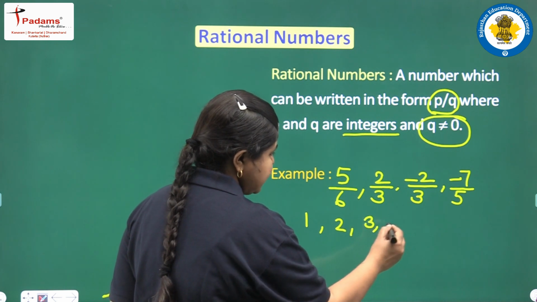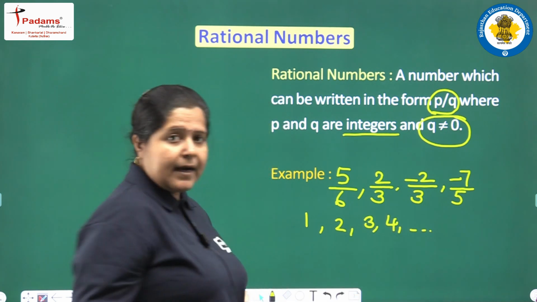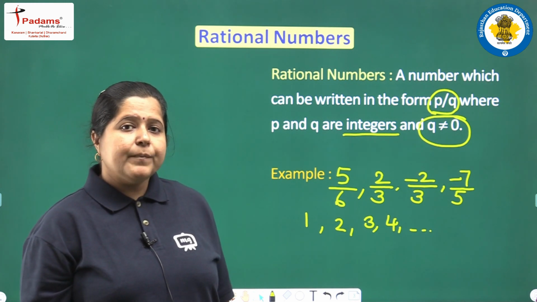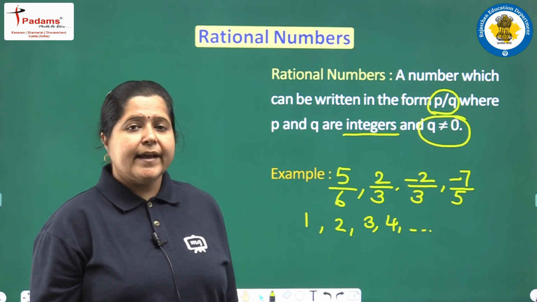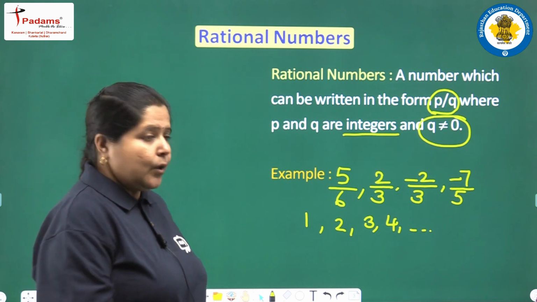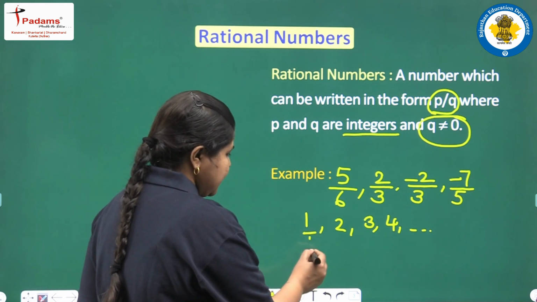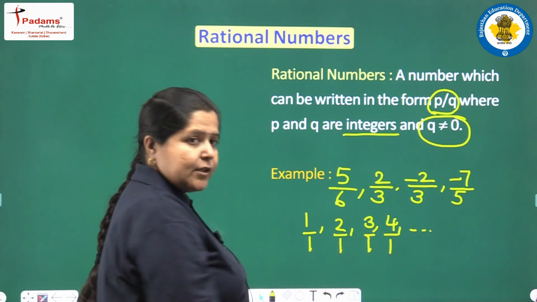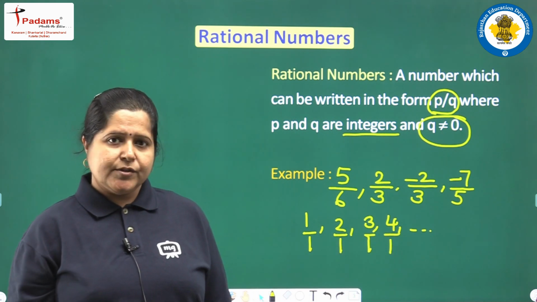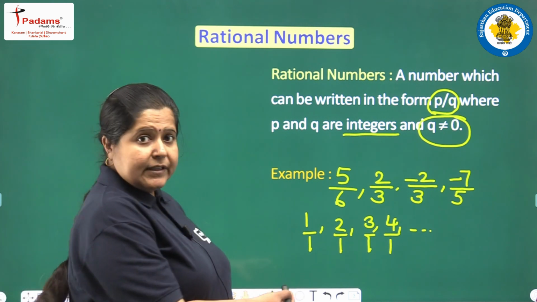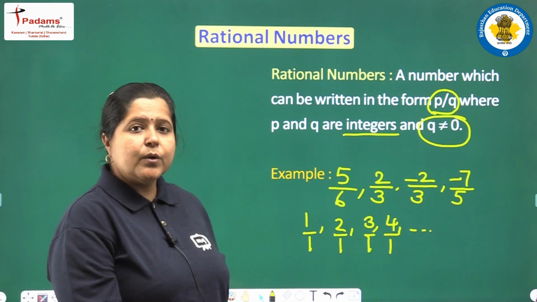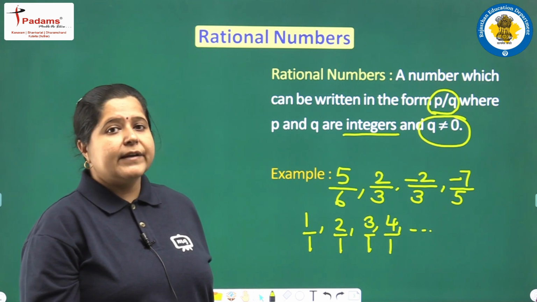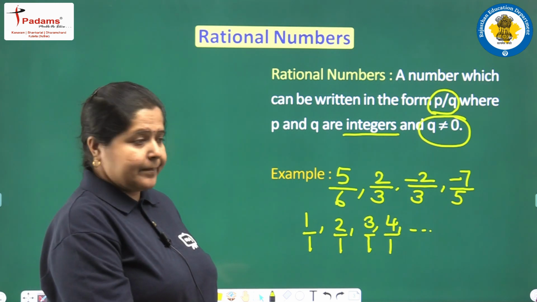Are they also rational numbers? You are not able to see it in the form p by q, but still they are rational numbers. How? We can place 1 in the denominator of each of these numbers. By placing 1 in the denominator, their value does not change and they are in the form p by q now. So all the natural numbers and whole numbers are also rational numbers in this way.